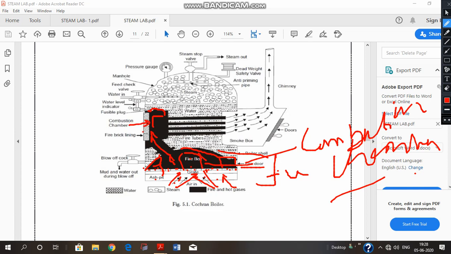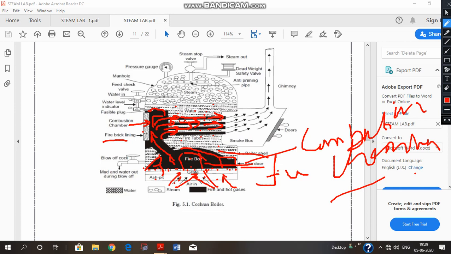Now these are the fire brick lining, made up of refractory material. These flue gases will enter inside these tubes, and that is why it is called a fire tube boiler. Since these tubes have the flue gases inside them, water surrounds the tubes, and water is there in between these tubes also.